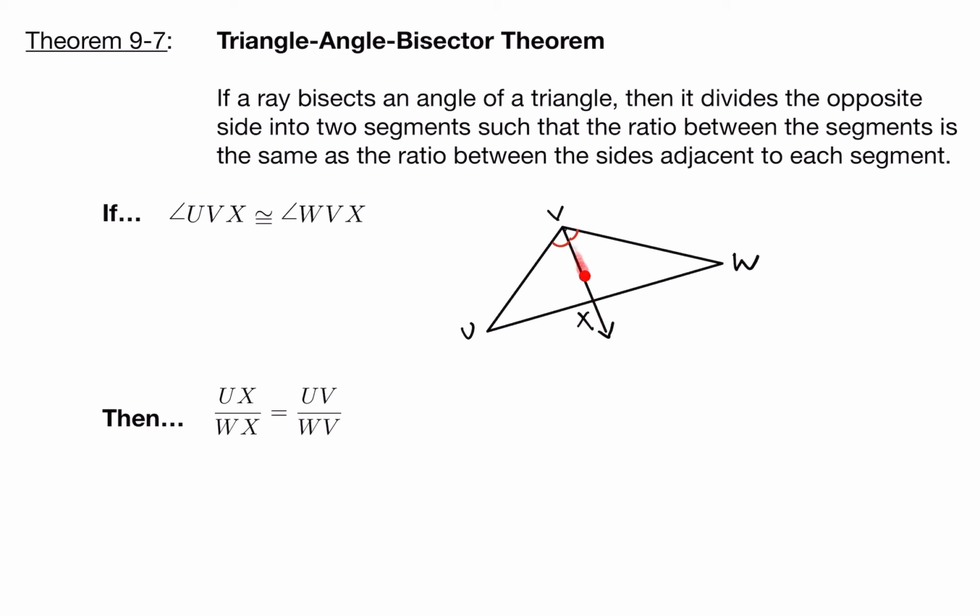Meaning this bisector creates two segments, UX and WX, and the ratio of UX to WX is the same as the ratio of UV to WV. All right, so let's go ahead and apply that to an example.